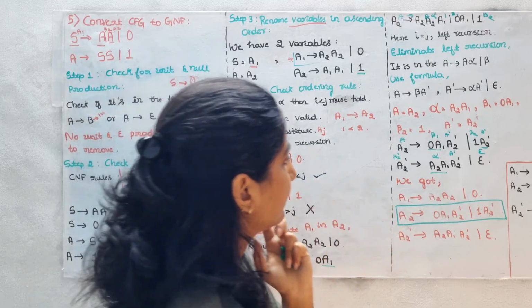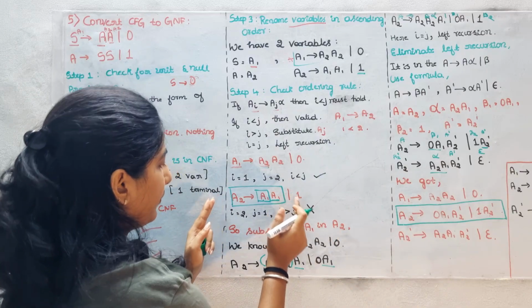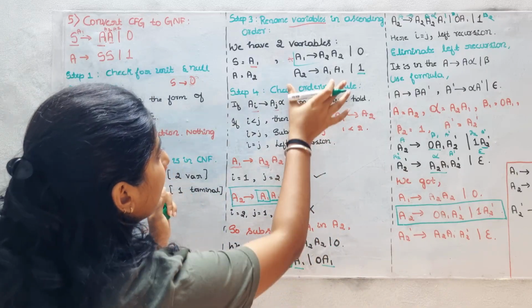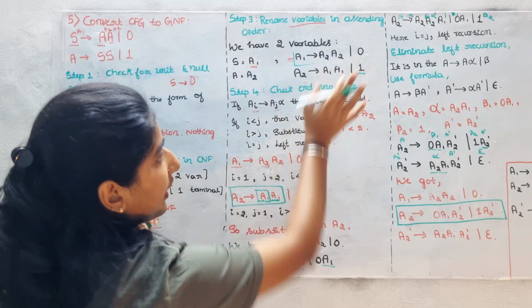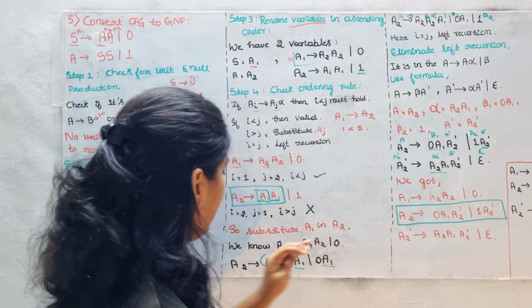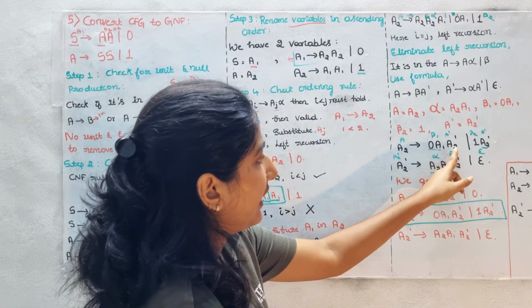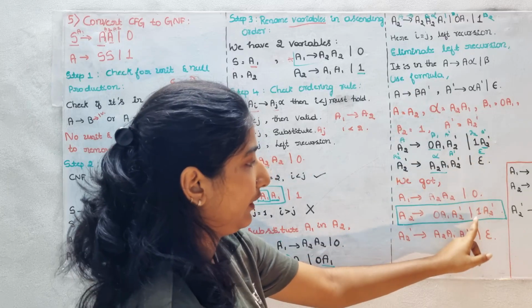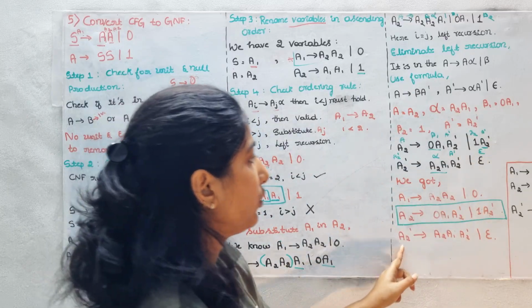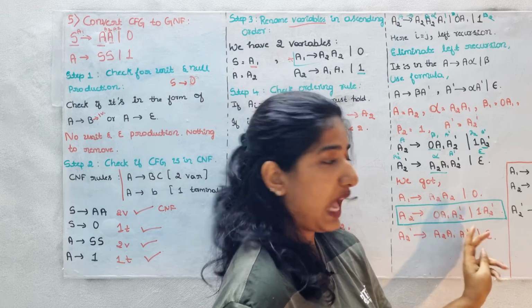So we got whole equations we got. From this we got A1 derives A2 A2 or 0. We are keeping it as it is. And then A2 derives 0 A1 A2 or 1 A2. And then A2 dash derives A2 A1 A2 dash or epsilon.